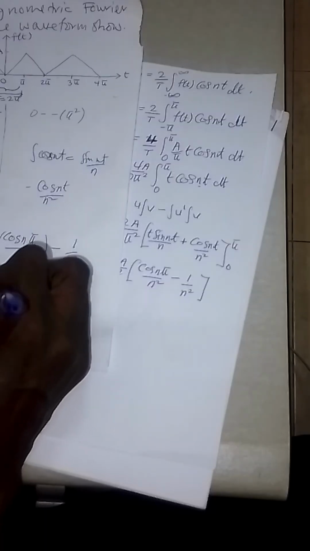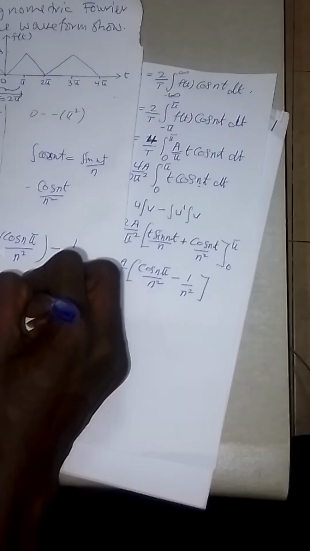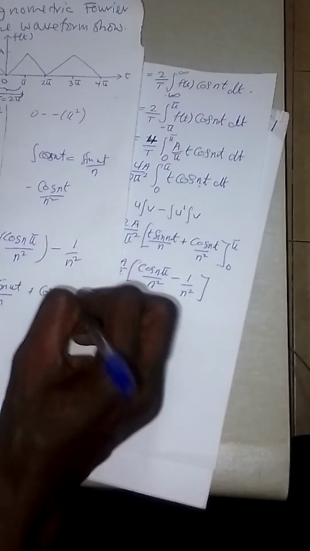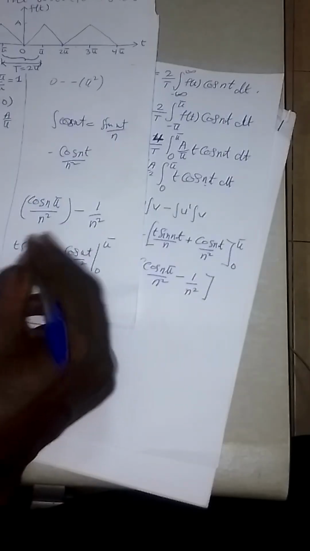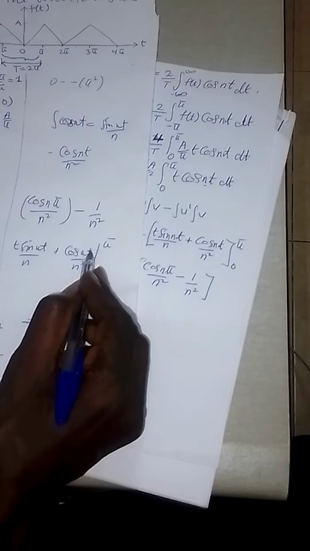Let me iterate what I just did so that you get it more. This is my function: t sine nt over n plus cos nt over n squared. The limits here are 0 and pi. So let me put in pi. Pi sine n pi, sine n pi is 0, so this place becomes 0.